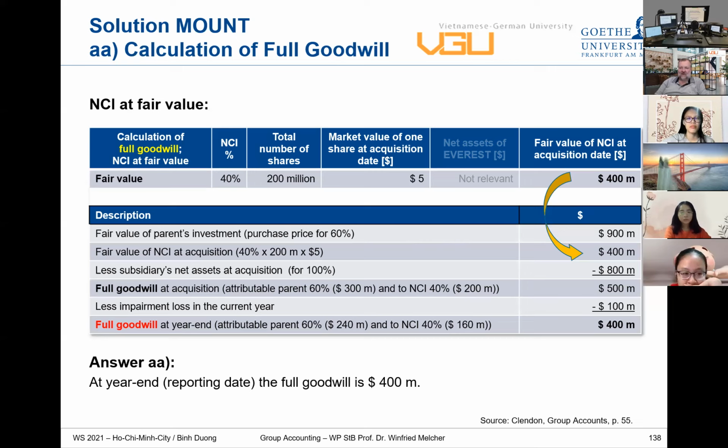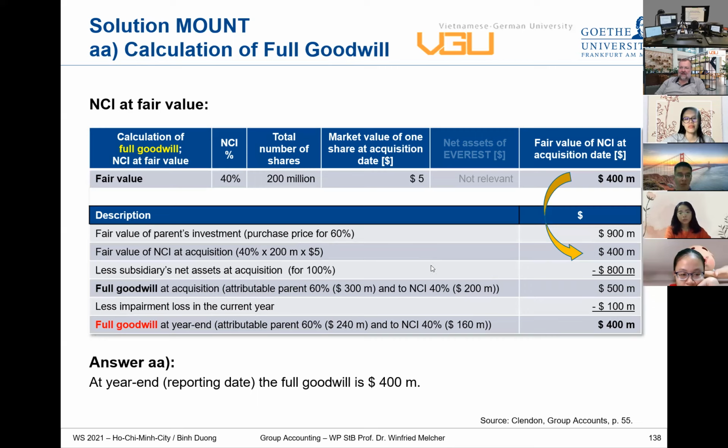They paid 900 million for that, including a premium for the goodwill. So that is what they paid for 60%. And we have the value for the non-controlling interests. So we have the value for 100% of the shareholders being 1.3 billion.